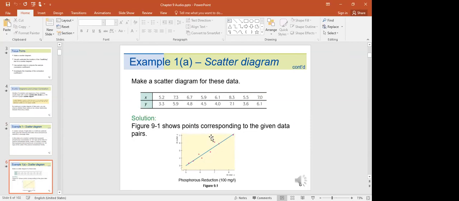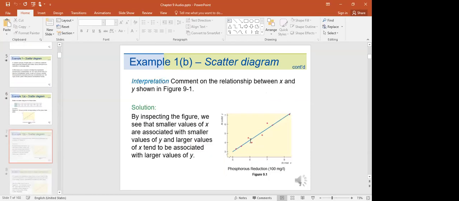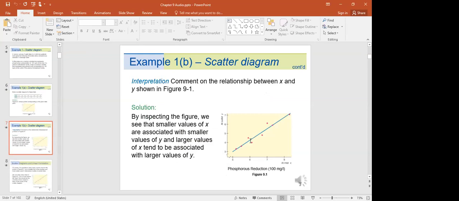The red points that we see here are the points X and Y from this sample. Based on this, we can feel like a straight line passing through these points could represent a possible relation between those variables. Later on, we are going to learn how to make a scatter diagram using Excel.